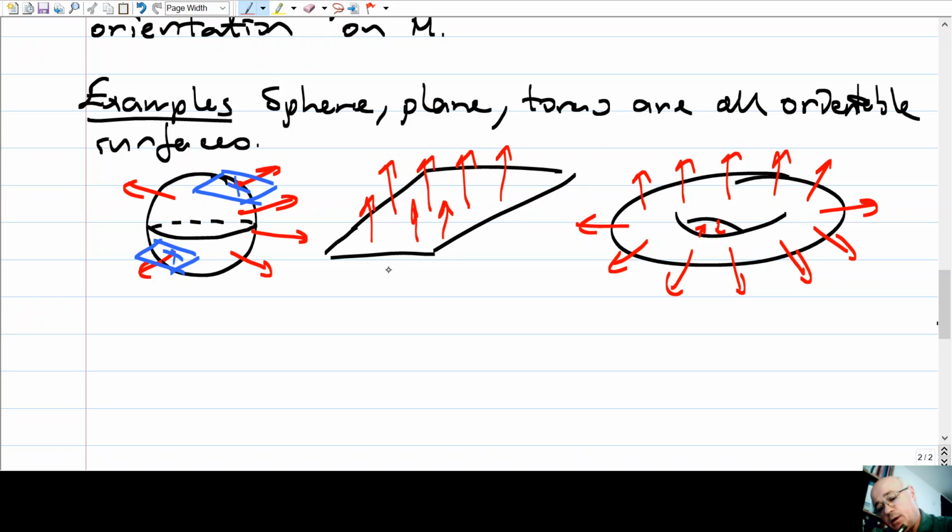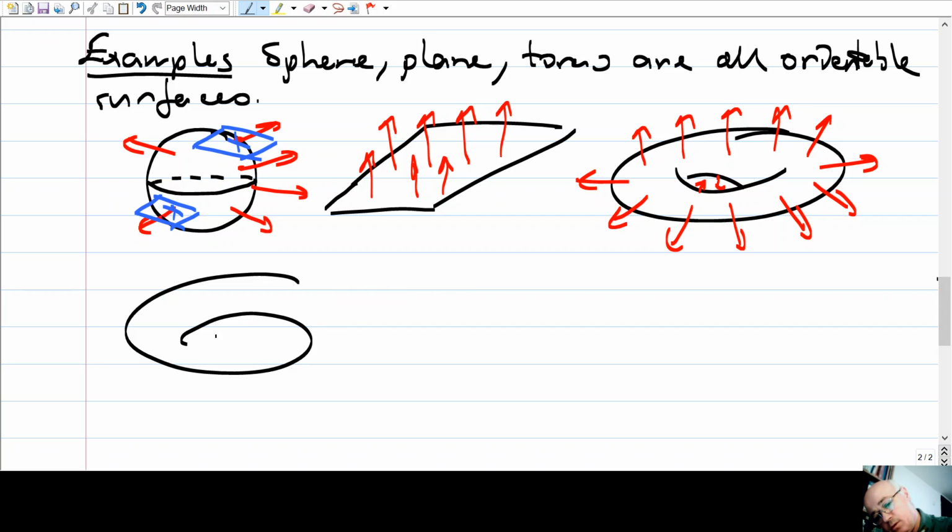Let me give you one non-orientable surface, the Möbius band. Like this. Okay, Möbius band.